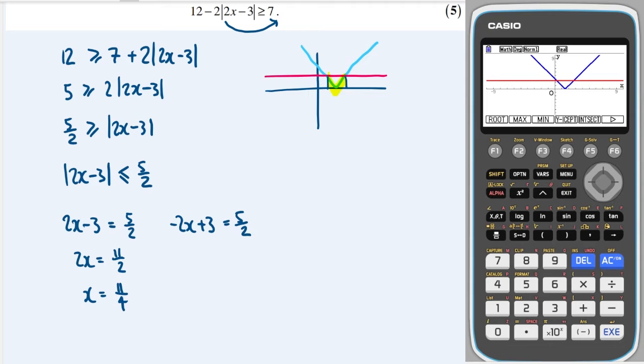And for this one, we can end up with 2x is equal to a half, so x is equal to 1/4. This will be a quarter here, and this will be 11 over 4. We want the region in between them, so our final answer will be an inequality given like such.